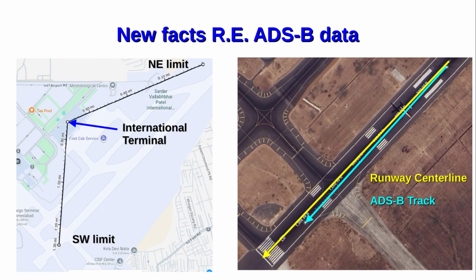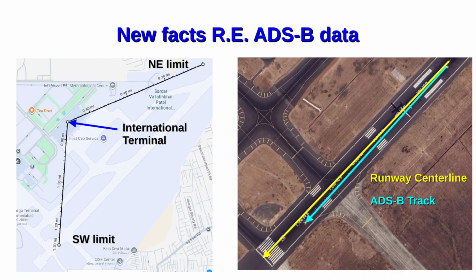I uncovered a few new interesting bits of information about the ADS-B data from Flight Radar 24. First, while I didn't discover it previously, the ADS-B data have rather spotty coverage. The data start at 07:48:33 while the plane was still on the ground and possibly while it was still at the gate, continue for about 16 minutes while the plane was taxiing, then there's a gap of over 4 minutes, and finally pick up again for 8 seconds, of which only the penultimate 4 seconds, 8 data points total, have usable data.